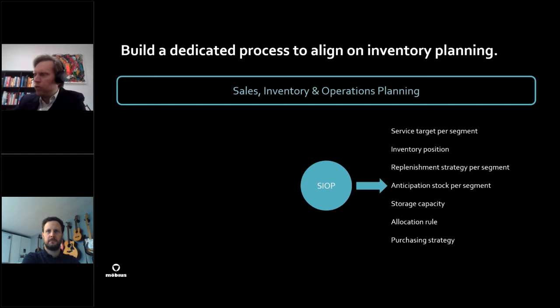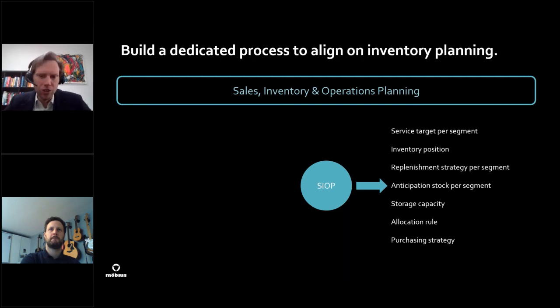And what would that process do? Well, it would take a number of decisions that are specific to the inventory investment itself. Meaning you could decide or redecide for segments what your service target is. You could decide which items you will be moving from a central position to a local position, or from a local position back to a central position, right? Agree on the replenishment strategies, agree on how do I treat anticipation stock.